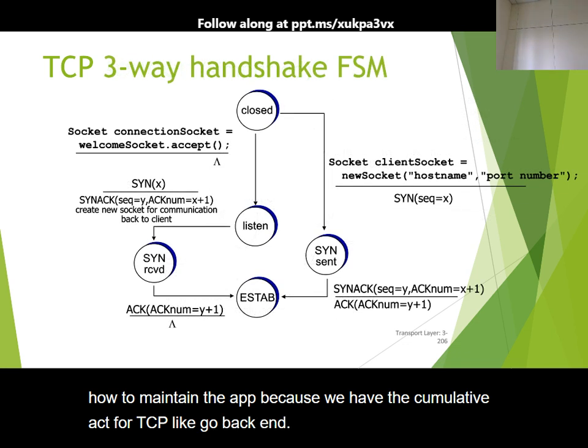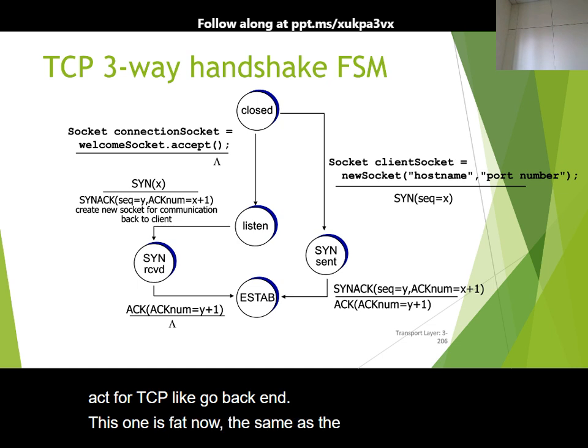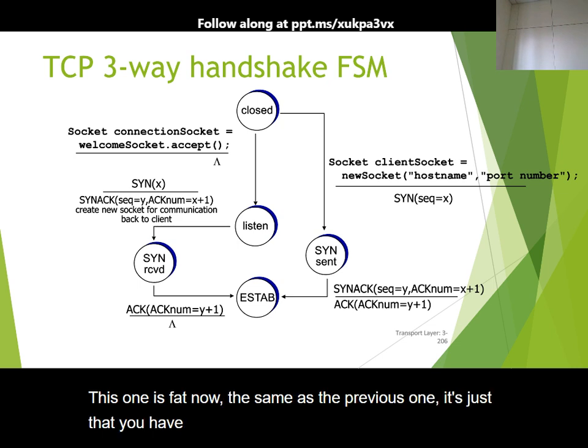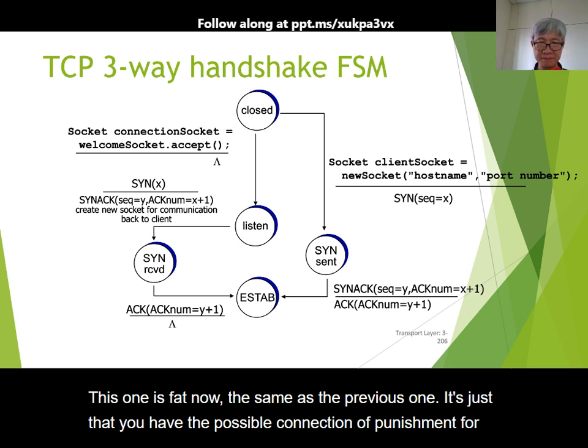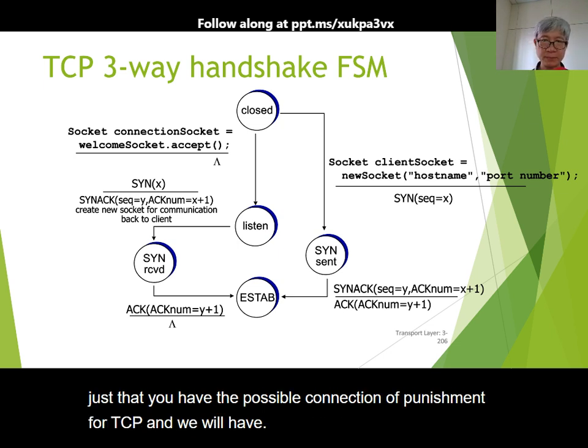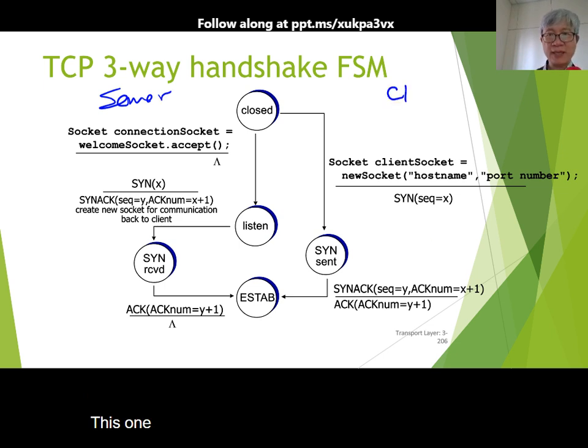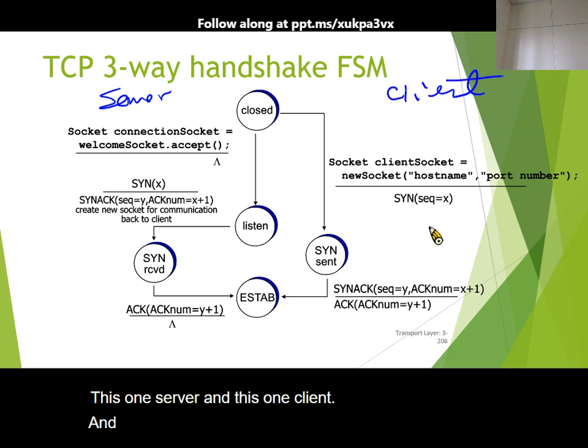Well, this one is, in fact, not the same as the previous one. It's the possible connection establishment for TCP, and we will have this one server and this one client. These are the procedures for server and client, and I put them together.